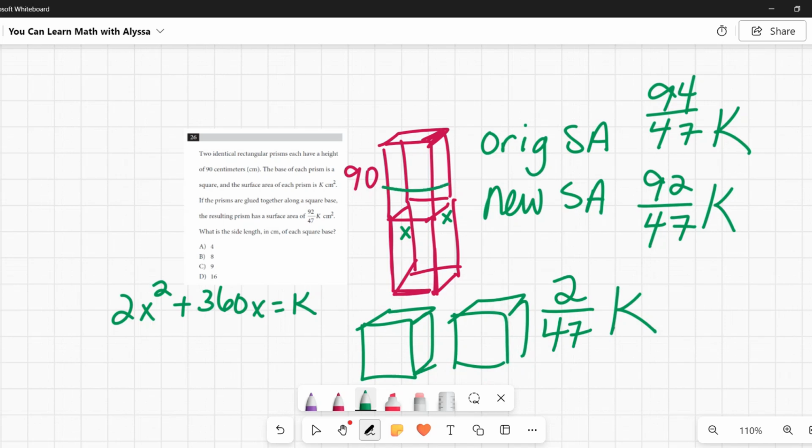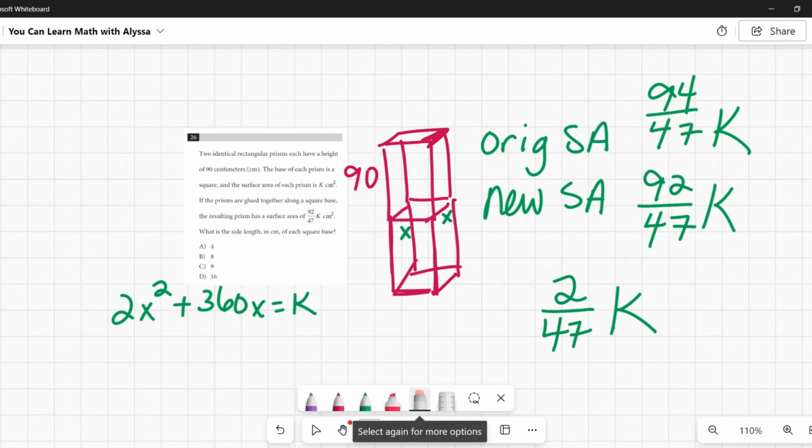Now we still have those 8 sides total, but we only have 2 squares, not 4. Two of those squares have vanished. So the 2 squares, which are x times x, the 2x squared, are the same as 2/47 k.